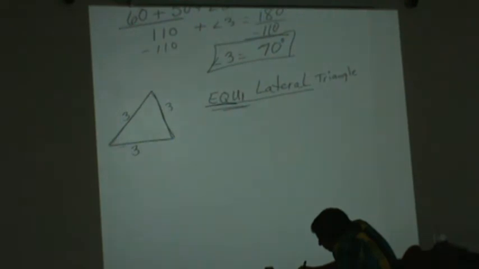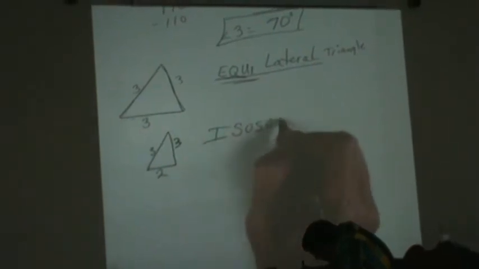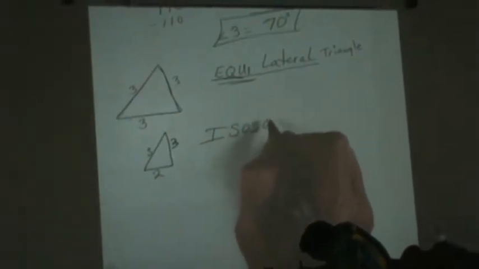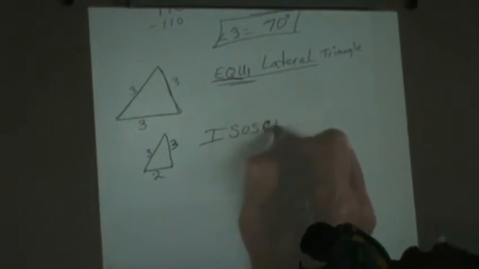Okay? If you only have two sides that are the same, like we had 3, 3, and 2. That's called isosceles. Isosceles triangle. Got it.